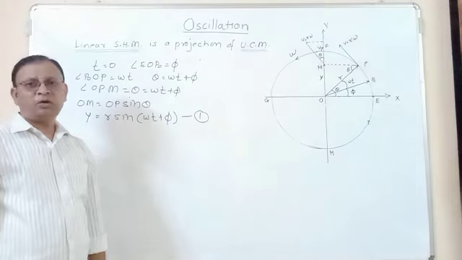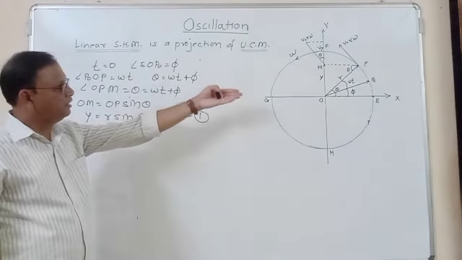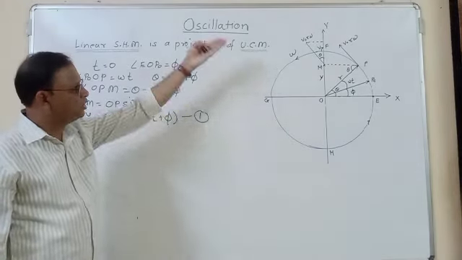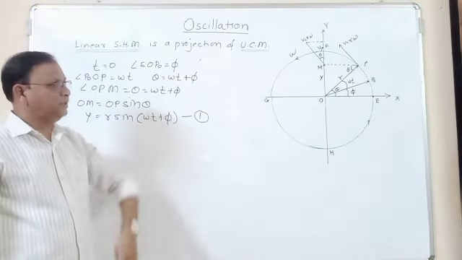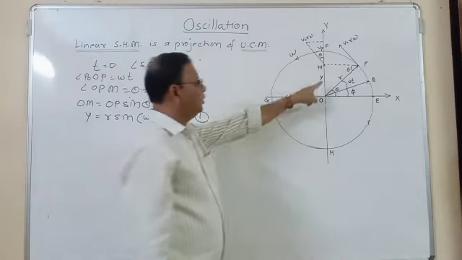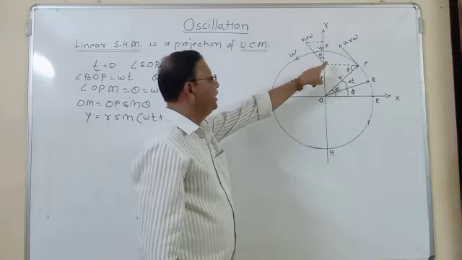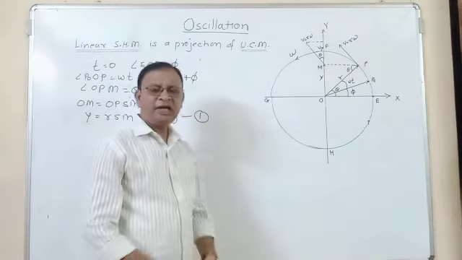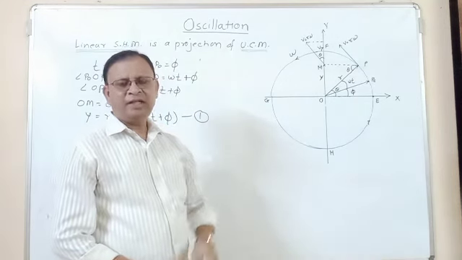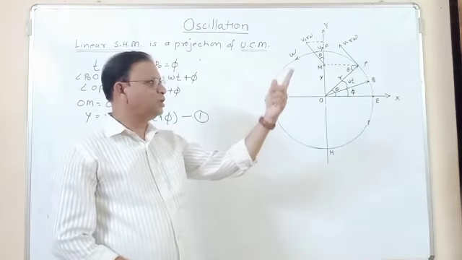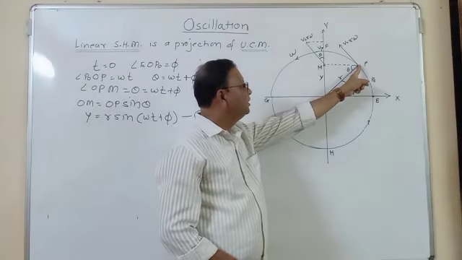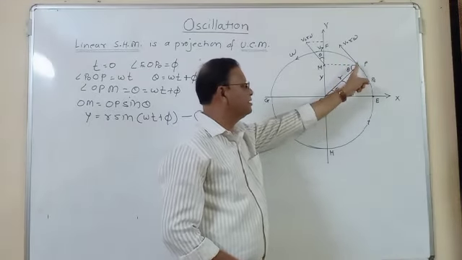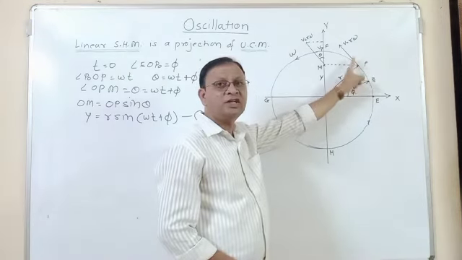Now think about the velocity. Because the particle is in motion, its projection is also in motion along the diameter. Then what is the velocity of the projection of the particle when it is at M? When the particle performs the uniform circular motion, it has a velocity which is tangential to the radius, also called the tangential velocity.